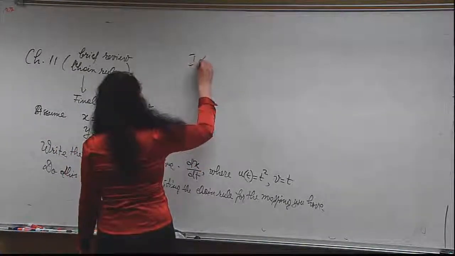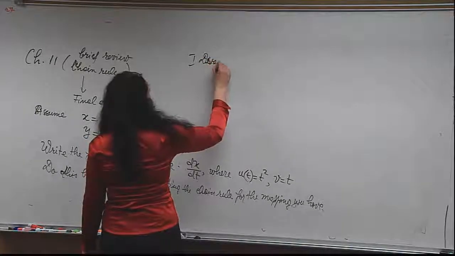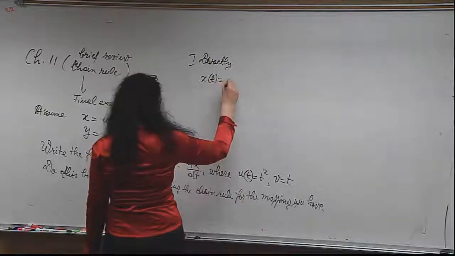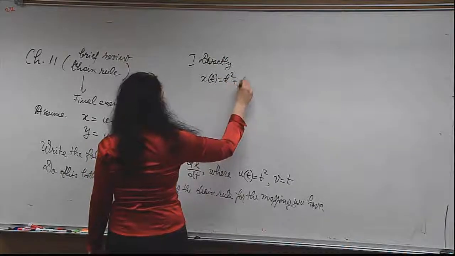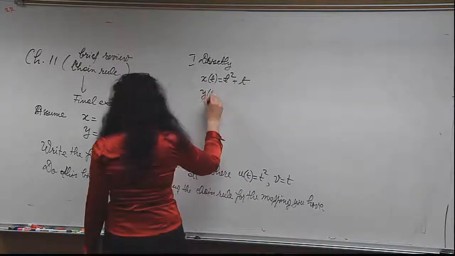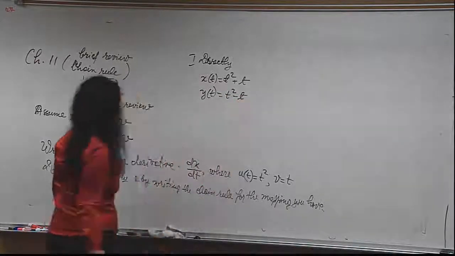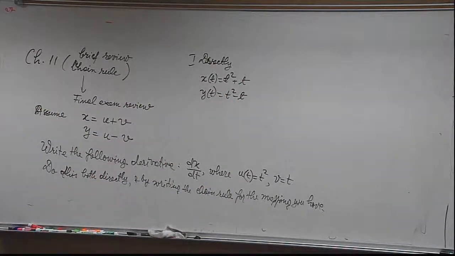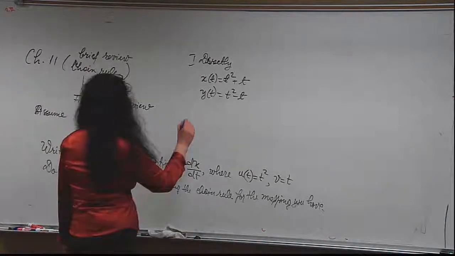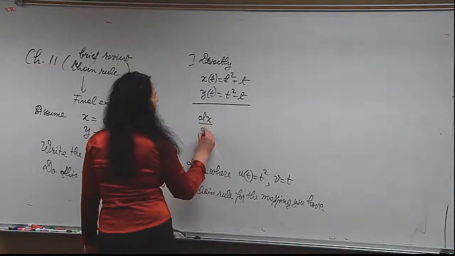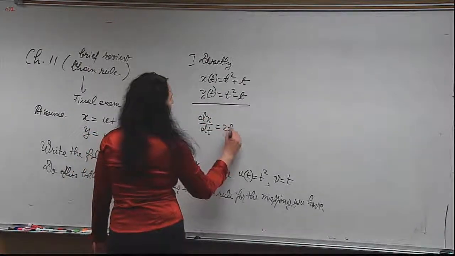So directly: x of t equals t squared plus t, y of t equals t squared minus t. Good. So it's a piece of cake, dx over dt equals 2t plus 1, right?